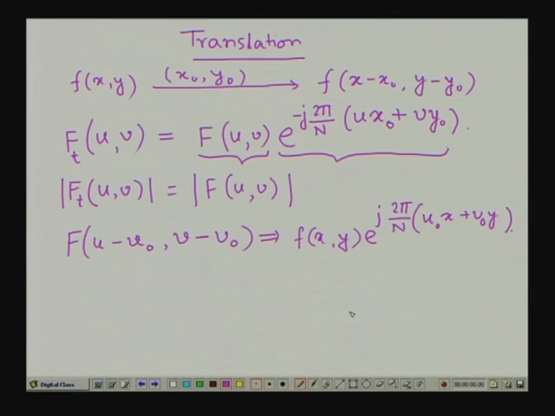So, here you find that if f(x,y) is multiplied by this exponential term e to the power j 2 pi by N (u naught x plus v naught y), then in the frequency domain its Fourier transform is simply translated by the vector u naught, v naught. So, what we get is F(u minus u naught, v minus v naught).